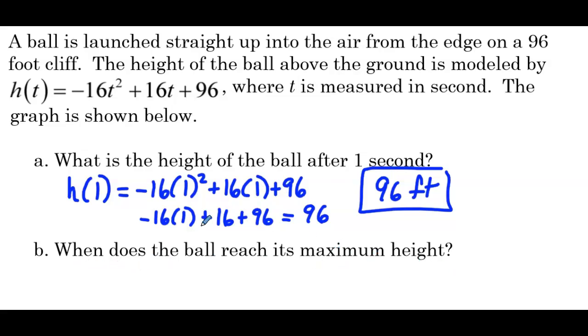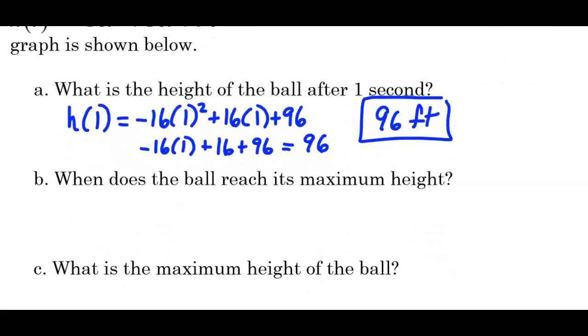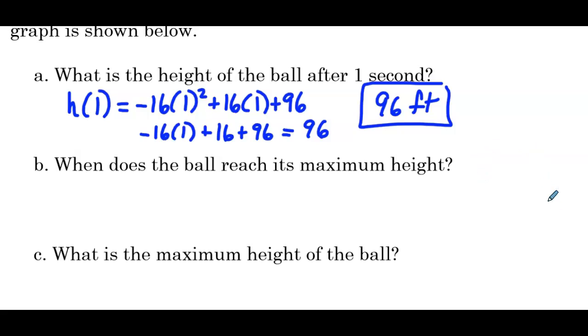When does the ball reach its maximum height? Well, as we said, that's that vertex, the turning point of the parabolic curve. The first thing we need to find to answer this question is the axis of symmetry. The axis of symmetry tells us when that ball is at its maximum height.